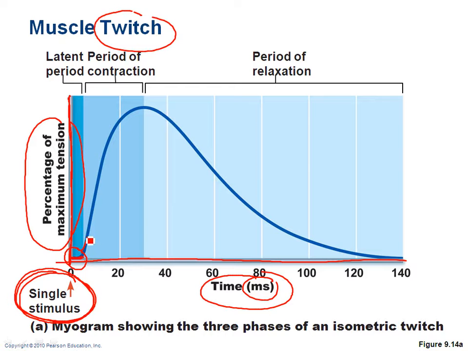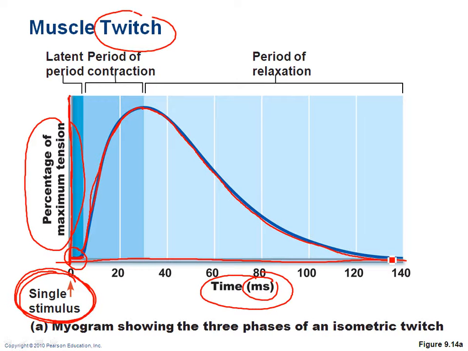Then once those cross bridges start forming, that's when you start generating contraction in the muscle fiber as the actin and myosin are sliding. Pretty quickly, you see here on the graph, it reaches its peak contraction. And then it will start to relax. You have a period of relaxation that takes a little longer.